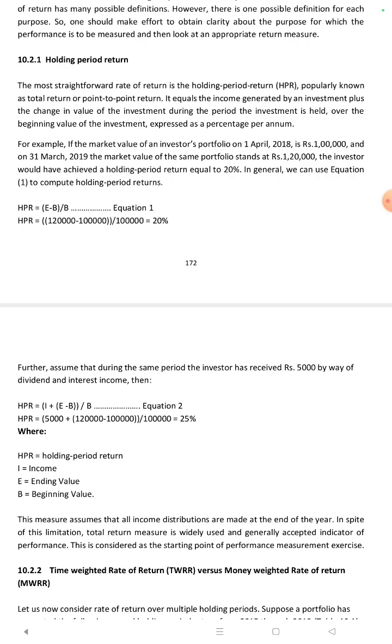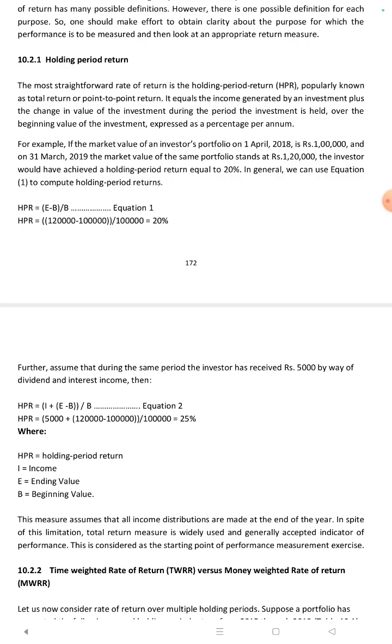For example, if the market value of an investor's portfolio on 1st April 2018 was 1 lakh, and on 31st March 2019 the market value of the same portfolio stands at 1,20,000, the investor would have achieved a holding period return equal to 20%.